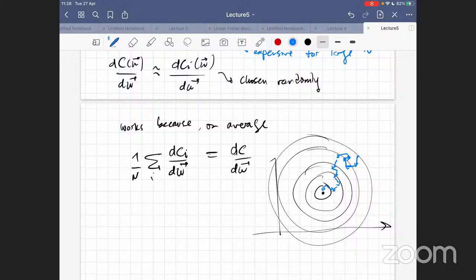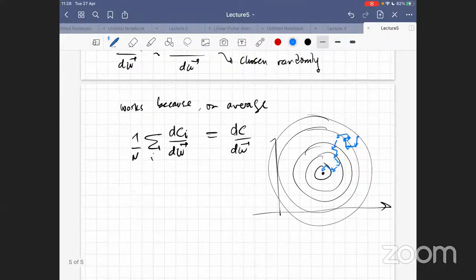It's like these ants, right, which are having random walks, but the random walk is actually on average going in the correct direction. Okay, so this is what I wanted to say about stochastic gradient descent. Is there any question on that so far?